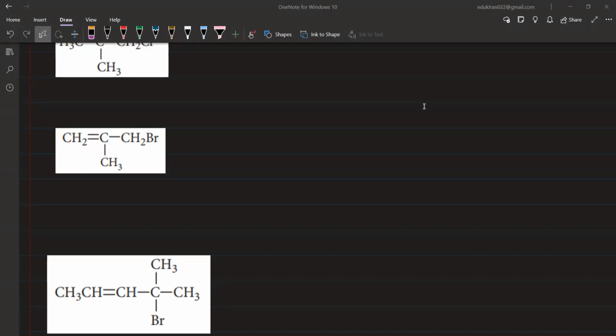Okay, fine. Now, can you please read the tip number 2? Read it out loud, now, Fatima. The second tip. Start numbering from that terminal carbon which is nearest to functional group.